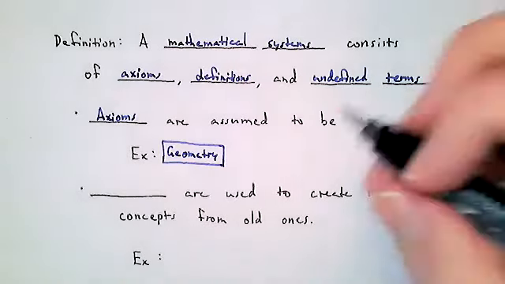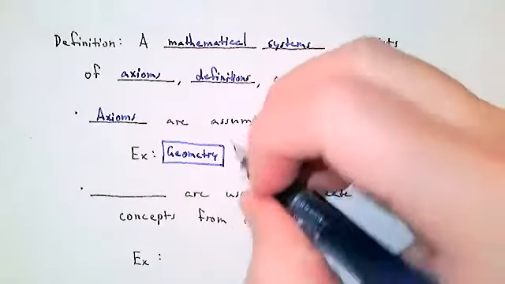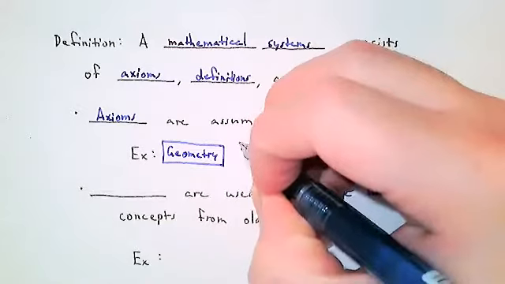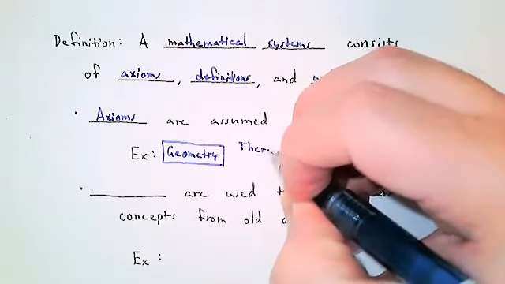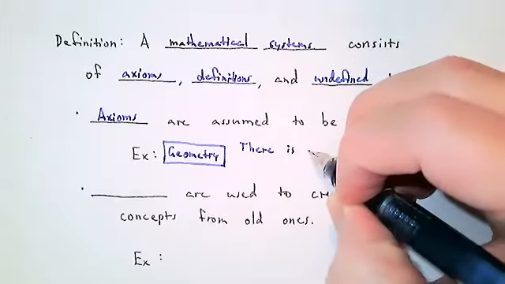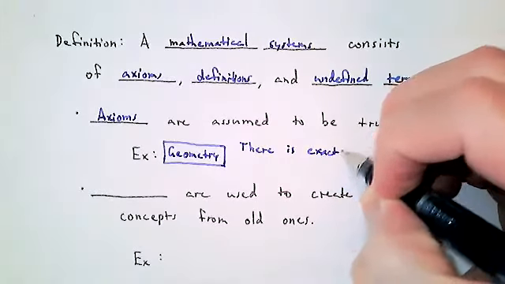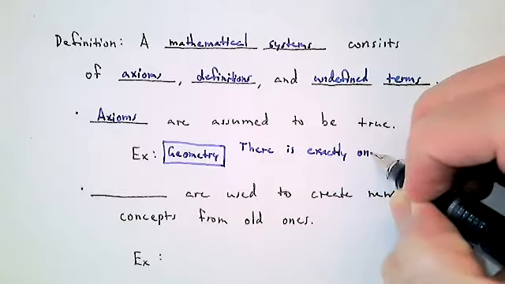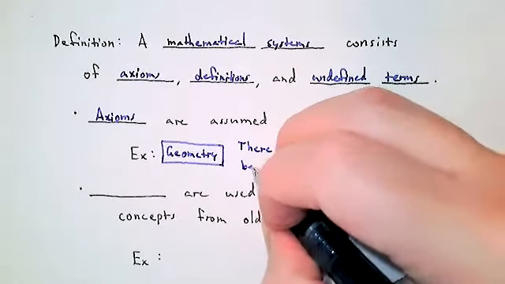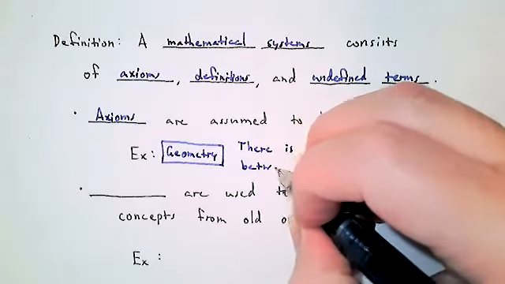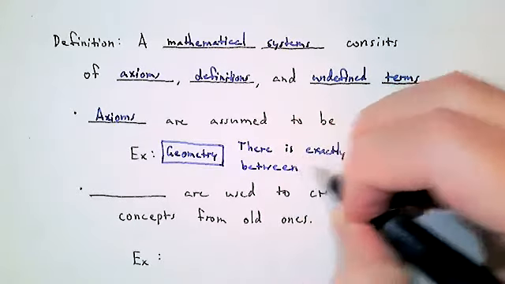And one of the axioms that you probably learned back in high school is that there is exactly one line between any 2 points. And this is something that you assume to be true.